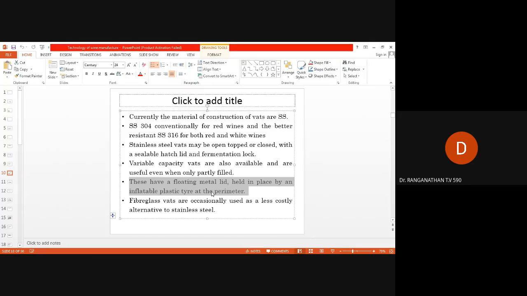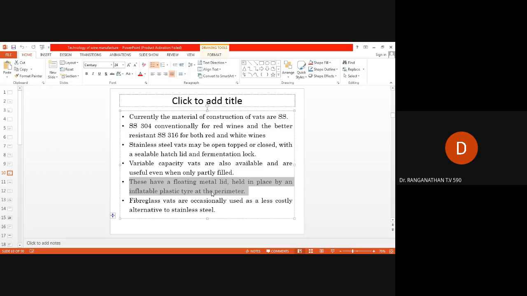Now, when the skin is at the surface, there is headspace above it, and this will induce unwanted contamination by aerial microorganisms.